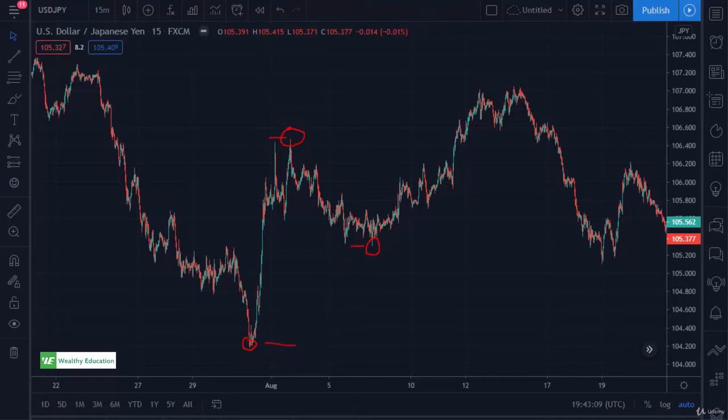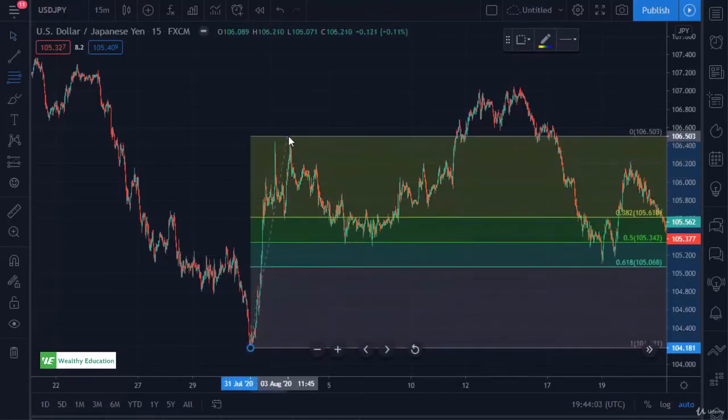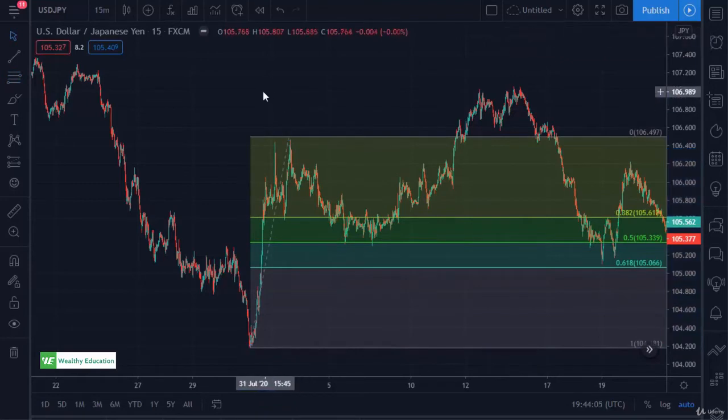So let's go ahead and take a look at this. We click on the beginning of the move. We drag higher to the top, and we click it in place. Well, notice how there is a 0.5. That's 50% Fibonacci retracement level of the move has offered support.